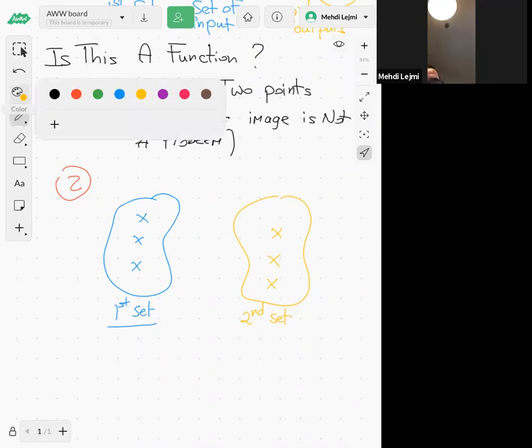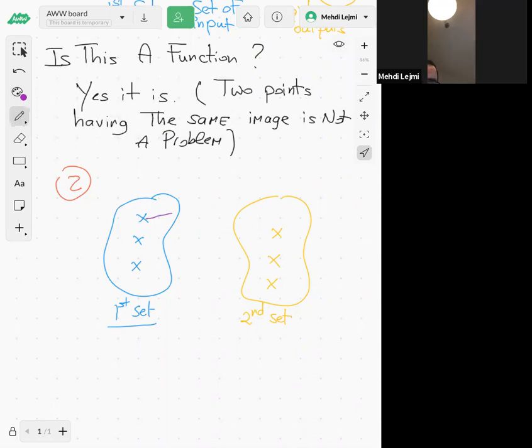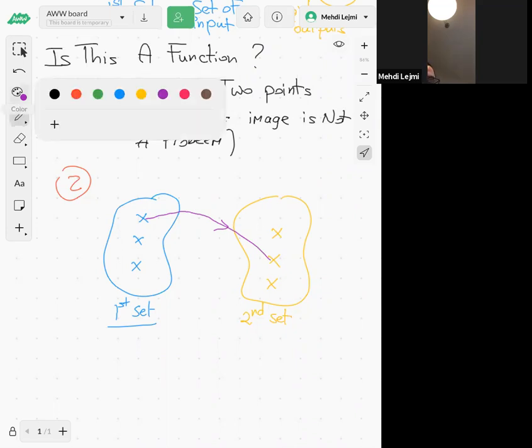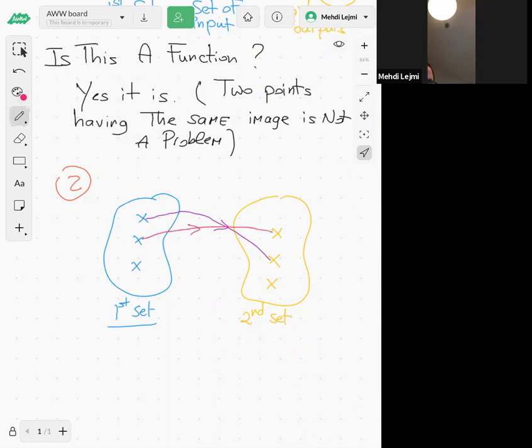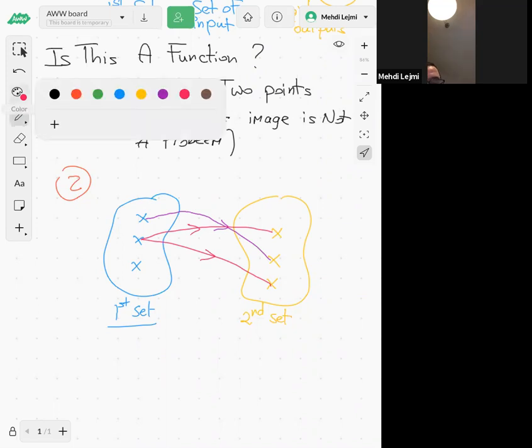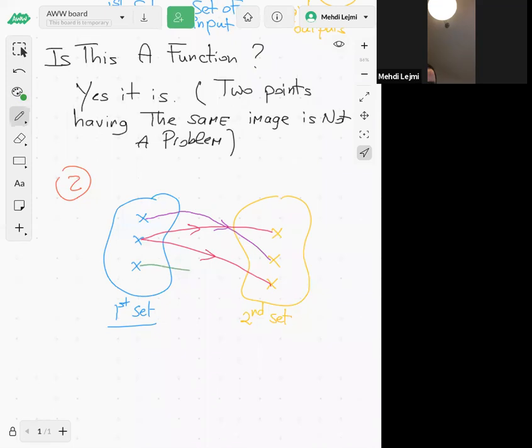So what I'm going to do is associate. Let's say this point here goes here. The second point goes here and here. And my third point, let's use the green, just goes to the third point in the second set.